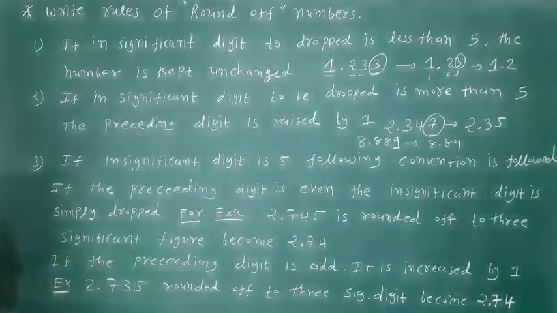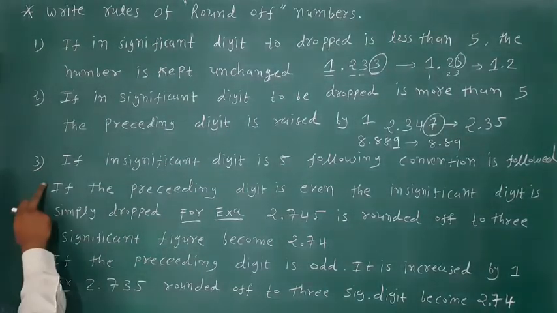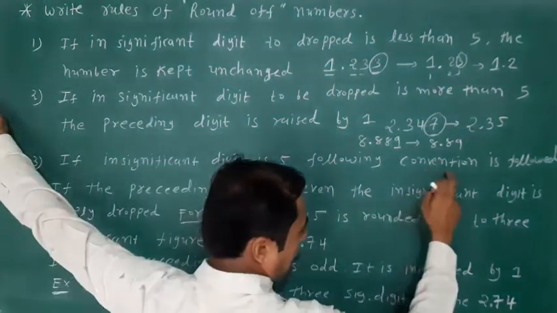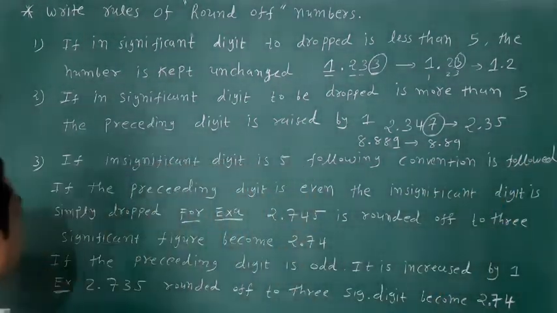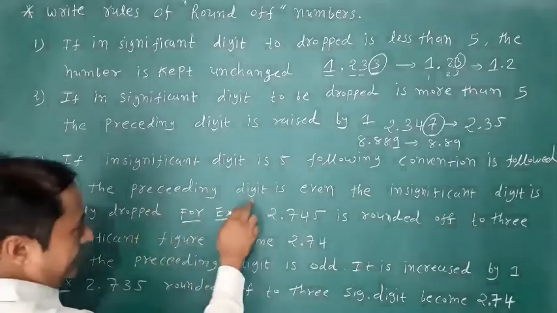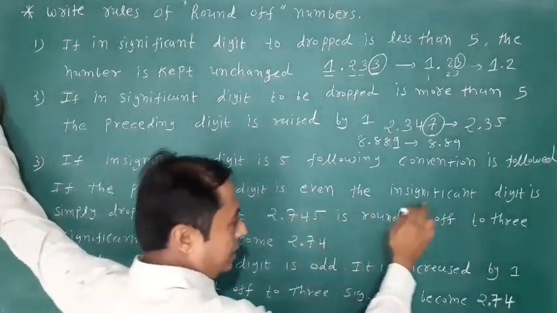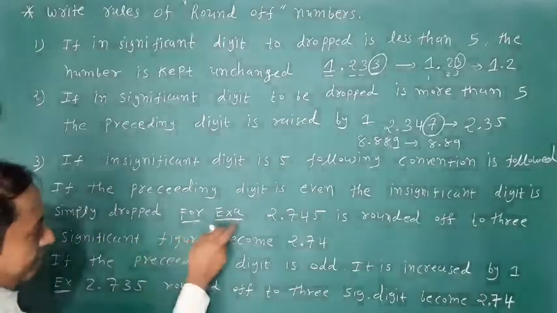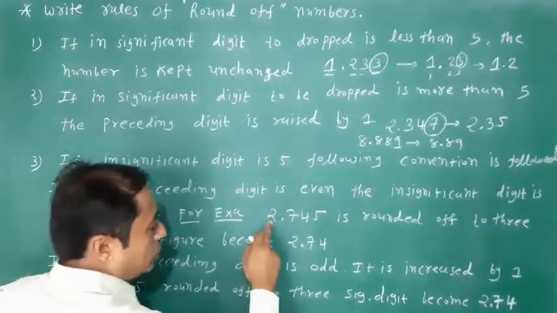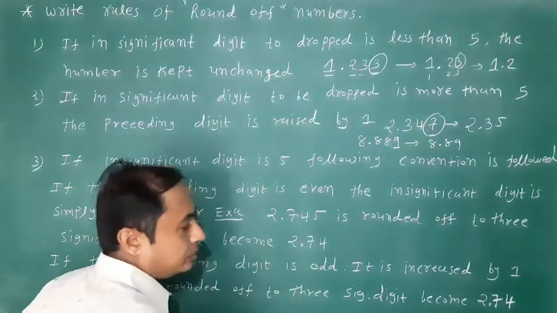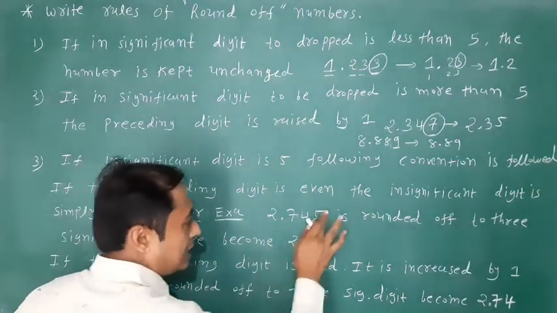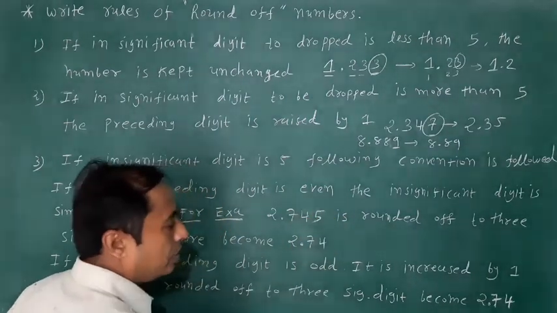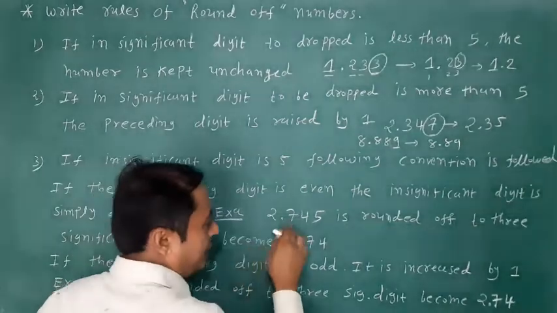Okay. Third rule: if the insignificant digit is 5, the following convention is followed. If the preceding digit is even, the insignificant digit is simply dropped. Look here, one example, 2.745. Okay, here the last number is a 5. Here are four significant digits.